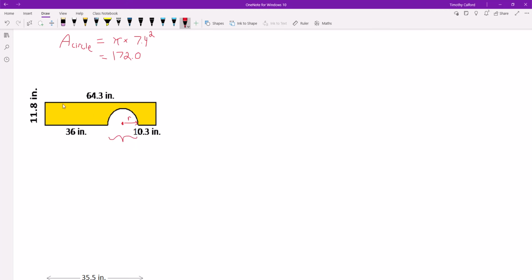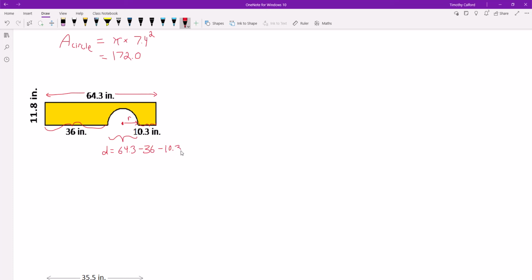What we do know is the whole way across this rectangle is 64.3, and we know that this much of it is 36 and this much of it is 10.3, so the diameter would be like taking the whole way across and then subtracting those edges along the rectangle we don't want to count.